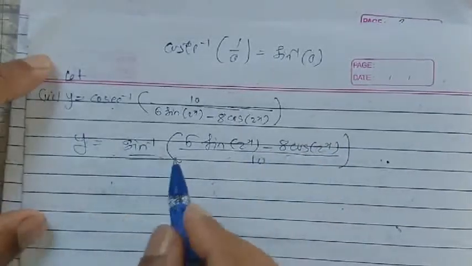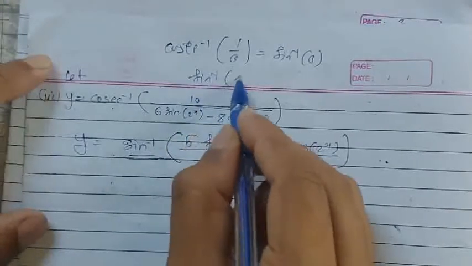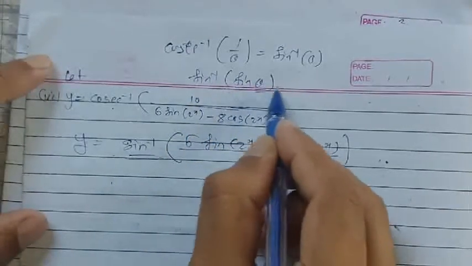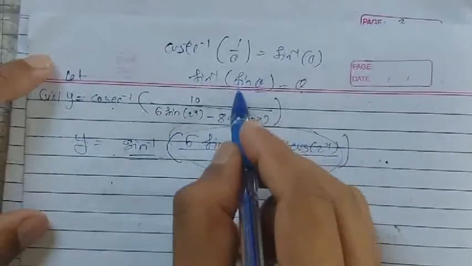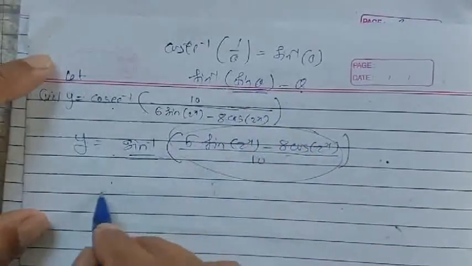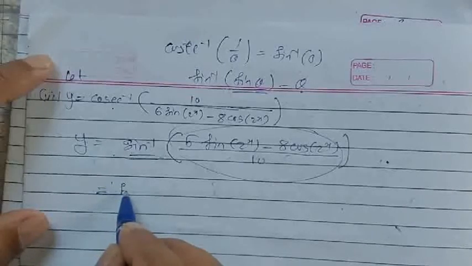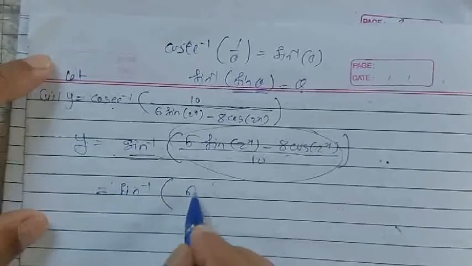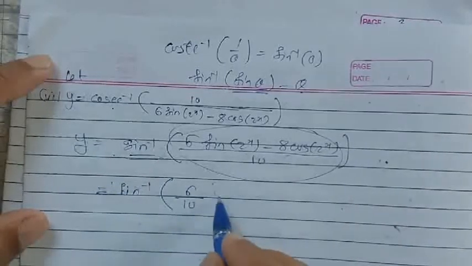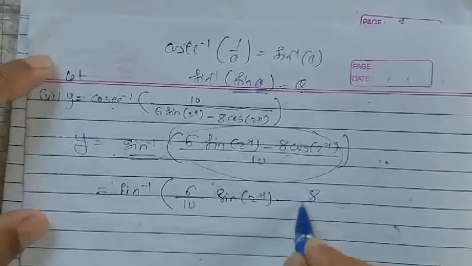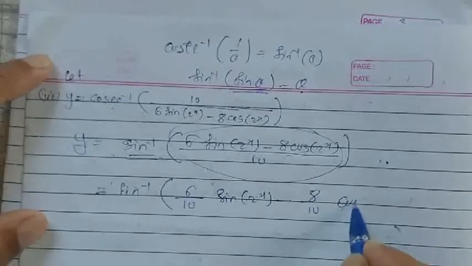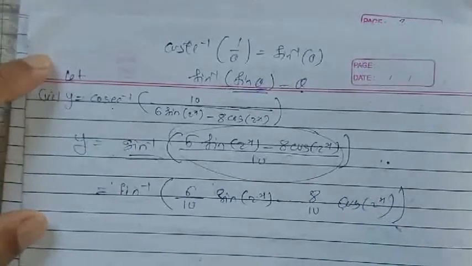So it is sine inverse. We have sine inverse of sine of theta is nothing but that angle theta. So replace the whole angle in terms of sine of angle. We have to separate out that denominator. We get 6 by 10 sine of 2 raised to x minus 8 by 10 into cos of 2 raised to x.